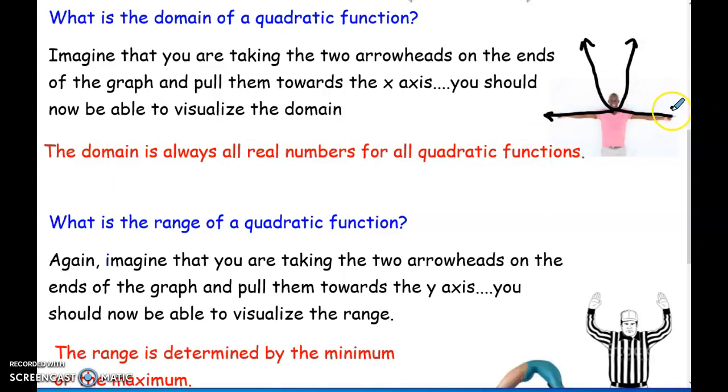So he just pulled them down. And what do they look like now? It looks like a number line. So how many numbers on the number line? All of them. So it's all real numbers. So the domain is all real numbers. And you found that by just taking the two arrowheads and squishing them down towards the x-axis. So you pulled them down here and pulled them down here, and it forms a straight line.